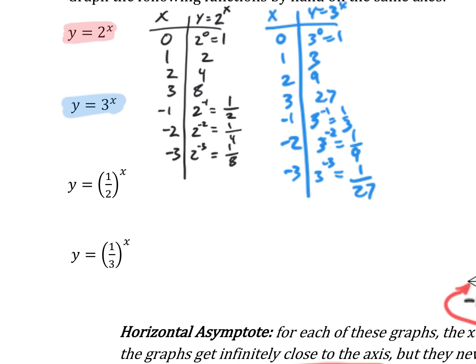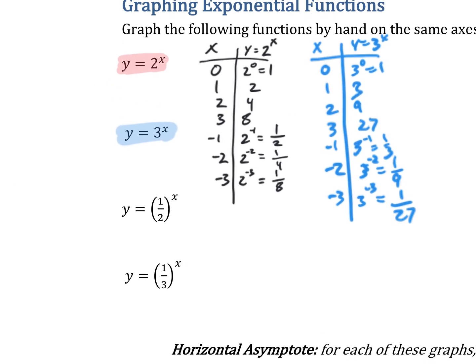So those were bases that were bigger than 1. What happens when we have bases that are smaller than 1? Let's try 1/2 to the x. So 1/2 to the 0 is 1. When x is 1, 1/2 to the first is 1/2. When x is 2, 1/2 squared is 1/4, and so on and so forth.